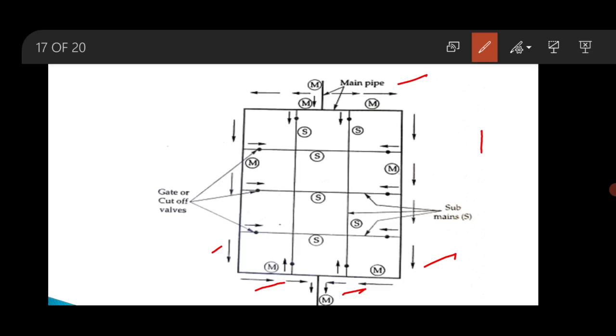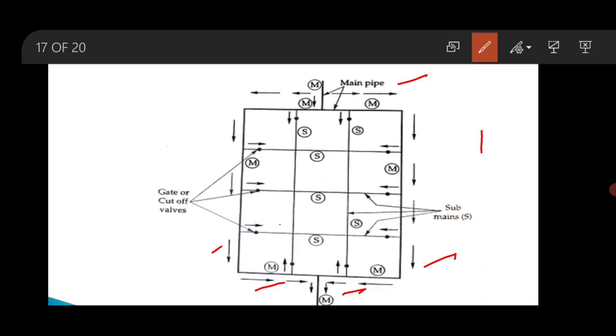Then the distribution area is divided into rectangular or circular blocks, and main water pipes are laid on the periphery of these blocks. See here how the main pipeline is placed on the periphery of the block.